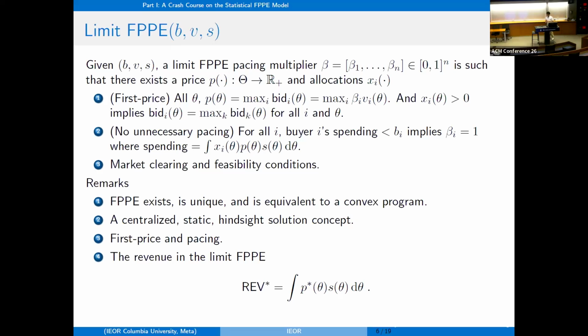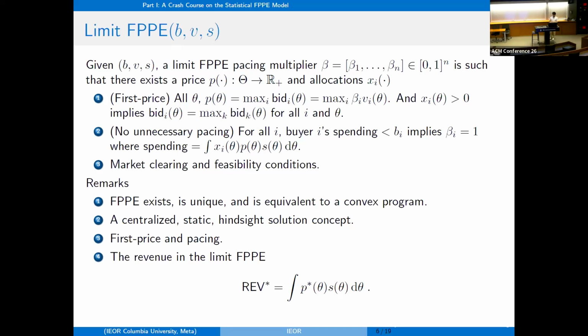We're different in this sense. And FPPE is also a static and hindsight solution concept, so all the items are known in advance to the platform. This is in contrast to reality, where the items usually arrive sequentially. So it's another feature of FPPE.